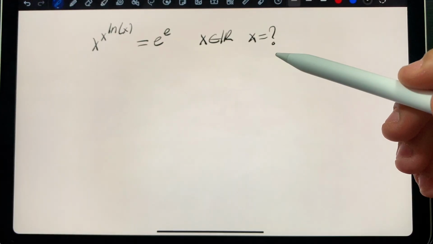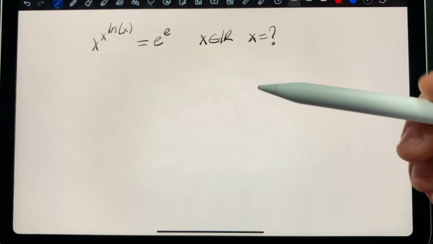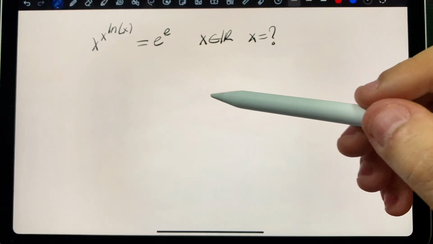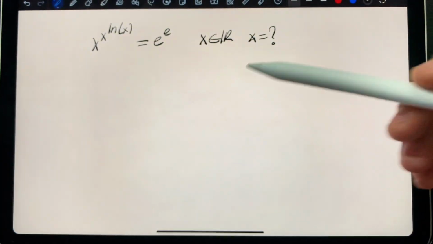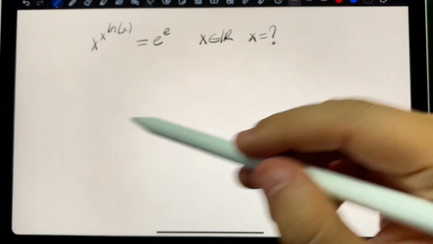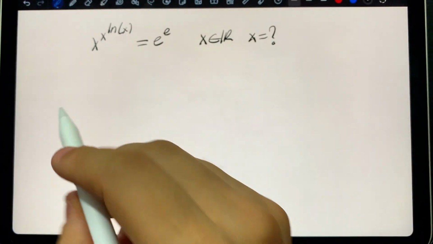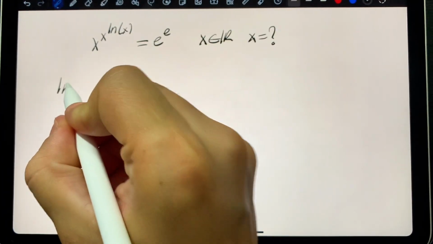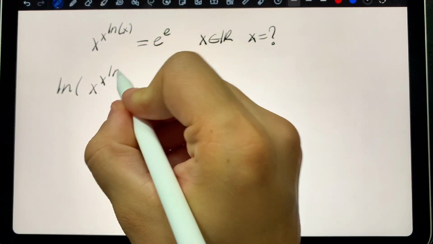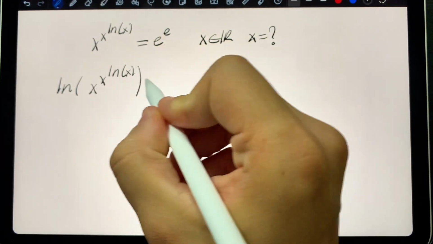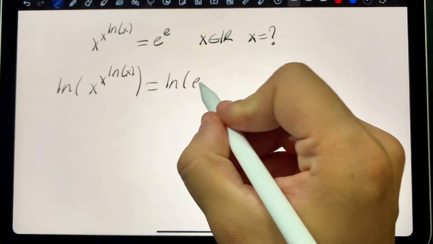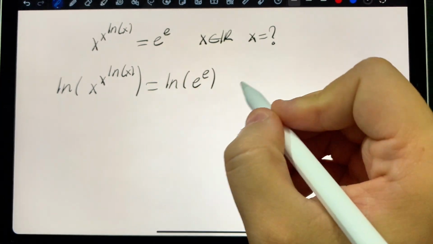Beautiful question. In this video, we will solve a different question. Let's see what awaits us. Firstly, let's take the natural logarithm of both sides. ln x power x ln x in brackets equals ln a power a.